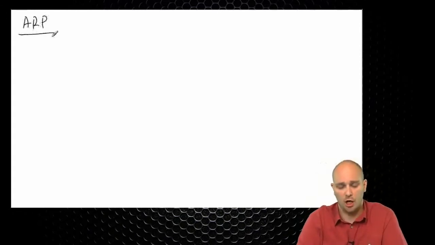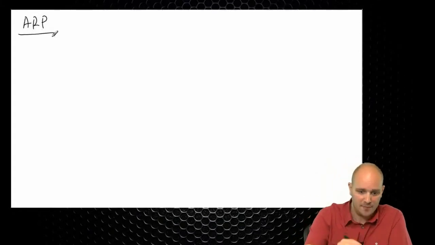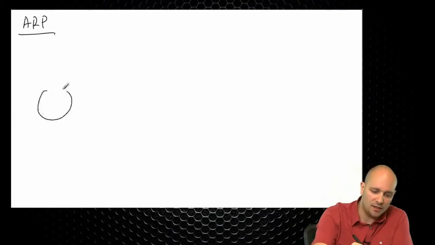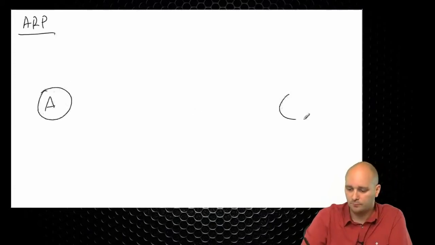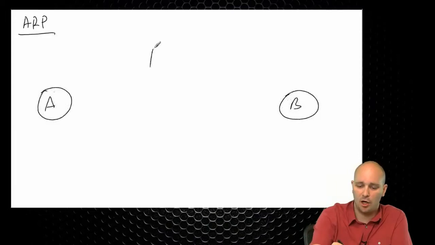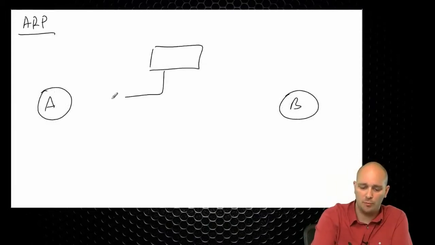So let's first take a look at how ARP works, just a regular ARP. No, just basics, networking 101, the CCIE or Die lecture for free. Let's say that we have host A and host B that are connected to a common switch.